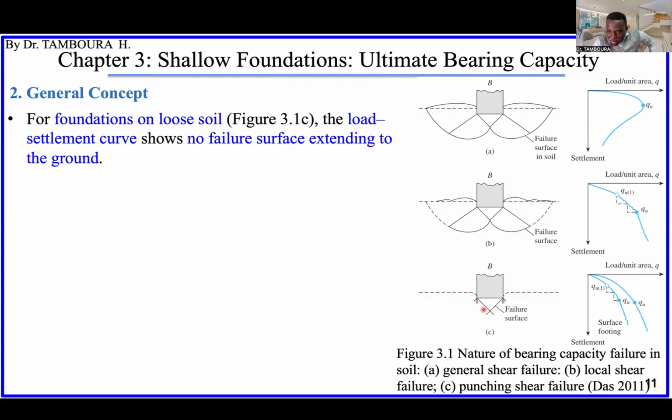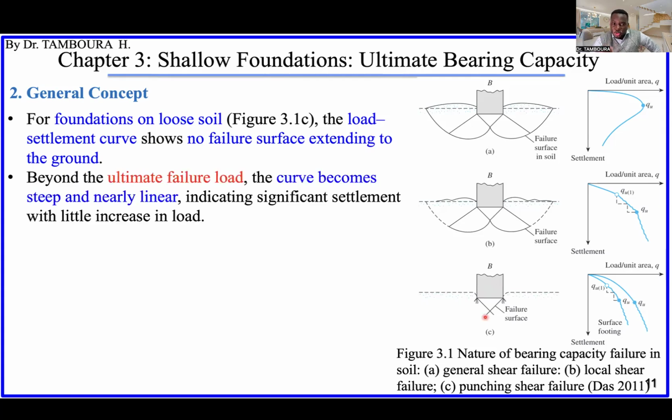Okay, so the failure will be like this, the failure surface. But along each line you see here, shearing is happening. So beyond the ultimate failure load, the curve becomes steep and nearly linear. We can see that this curve is maybe a little similar to this one.